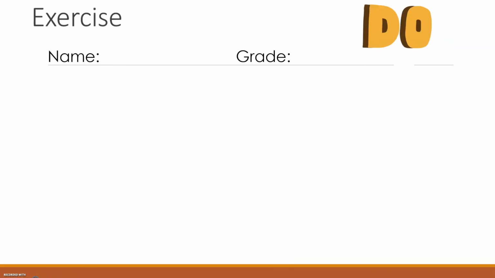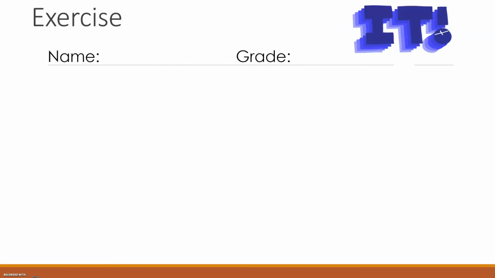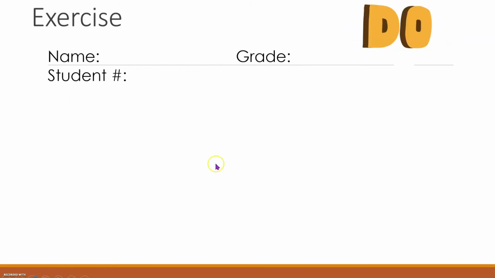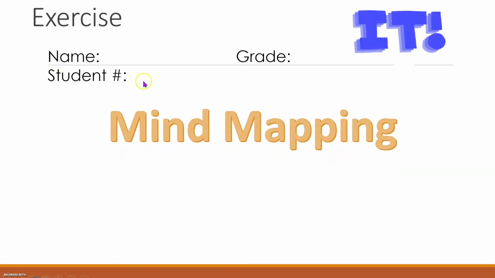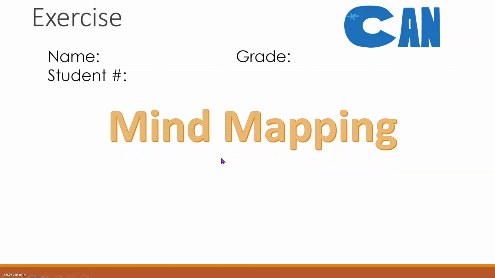Good job, everybody! For your exercise for this topic, you can get one piece of paper or use your books. You will also put your name, grade, and student number, and we will do mind mapping.